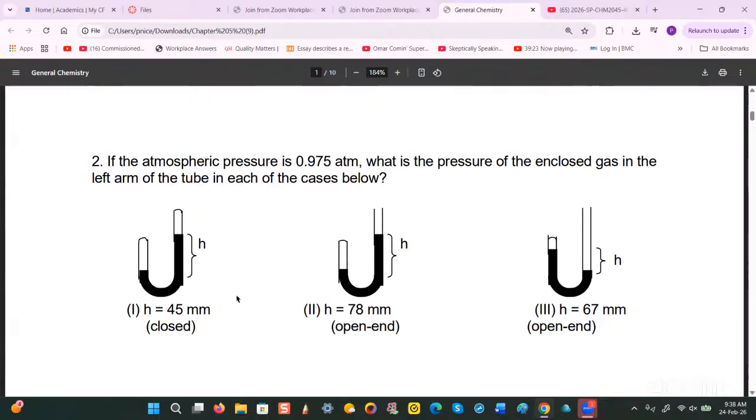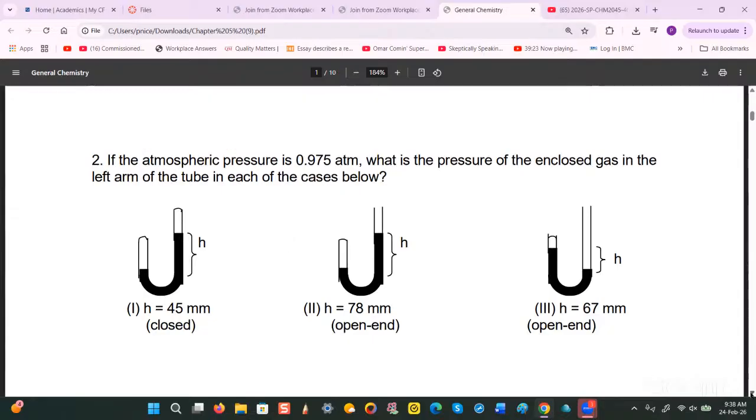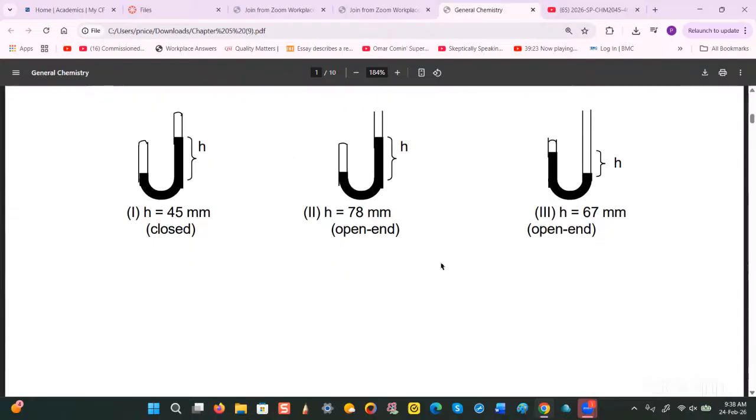In the second, one end is sealed and the other end is open to the atmosphere, and the same is true for the third, but the mercury levels are different in these last two. We're going to get into those later on. The question says, if the atmospheric pressure is 0.97 atmospheres, what is the pressure of the enclosed gas in the left arm of the tube in each of the cases below? In each of these cases, you have a gas trapped in the left arm of the tube.